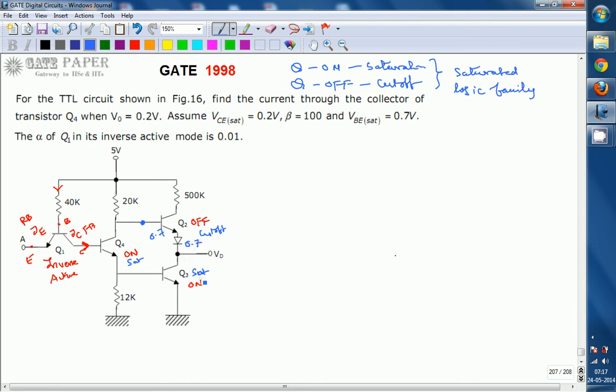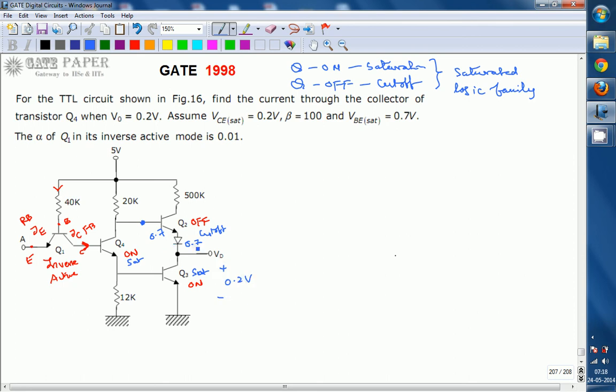This is when Q1 is off. So what you require is a minimum of 0.7 and 0.7, the voltage required to keep Q2 in the on condition. Assume this is in saturation mode. Even with Q3 on, if you want Q2 on, the Q3 VCE saturation voltage is 0.2 volts.